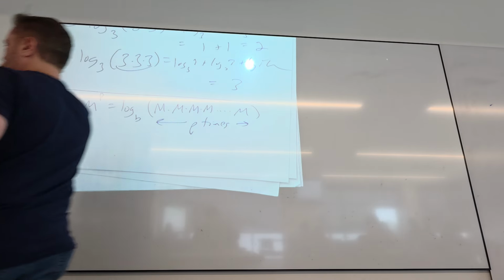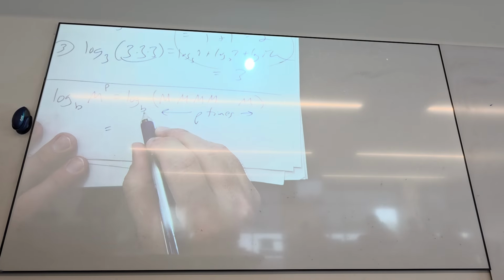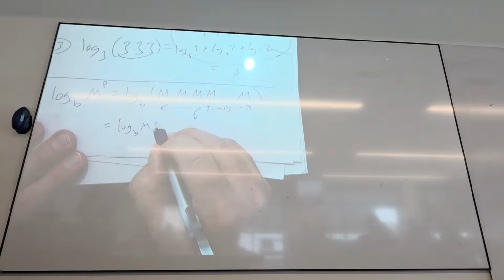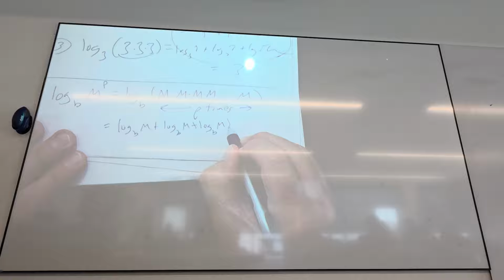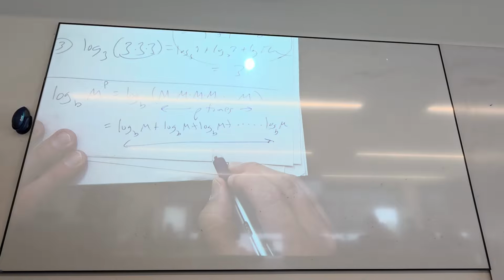How can I rewrite this? Same way we did up here. What would it look like if I rewrote it? Log base b of m plus log base b of m, and how many times would it have log base b of m? P times.